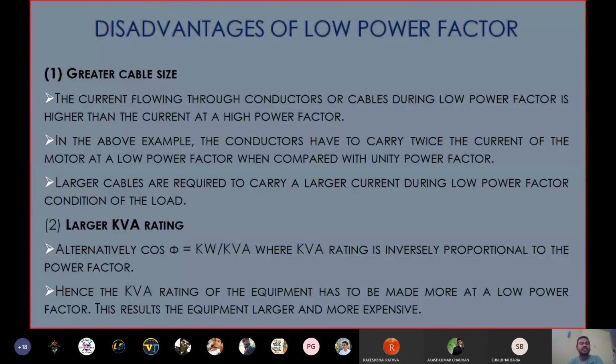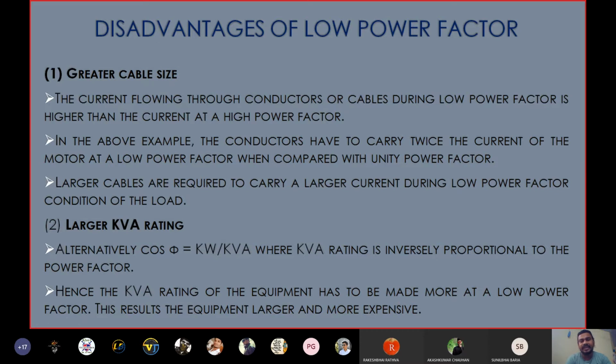Next is the larger kVA rating. We know that cos phi is equal to kW divided by kVA, or kW is equal to kVA cos phi, where the kVA rating is inversely proportional to the power factor. If we see this formula, the relationship between cos phi and kVA is inversely proportional. So as the kVA rating increases, the power factor reduces.